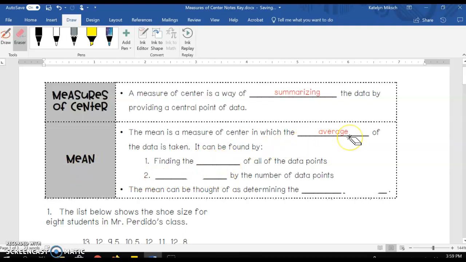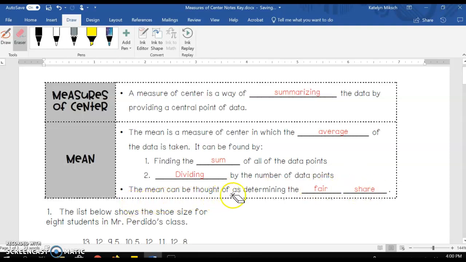So, in order to find the average or the mean, you are going to find the sum of all the data points. You're going to add up all the numbers in your group. After you've done that, you're going to divide that sum by the number of data points. So if you're looking at grades and you've taken 4 things in the class, so you have 4 grades, you would add up those grades, get the total or the sum, and then divide that by 4 to get your average in the class.